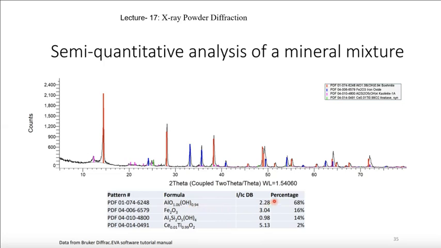And in this mineral mixture, 68% is this aluminum hydroxide, bromehite. And then we have iron oxide, we have kaolinite, we have anatase.